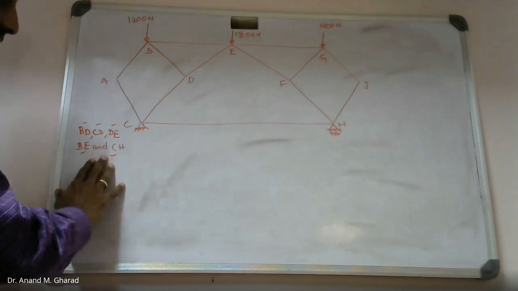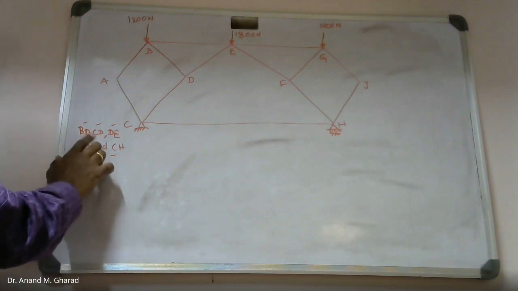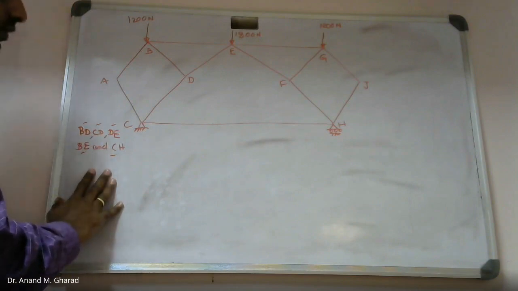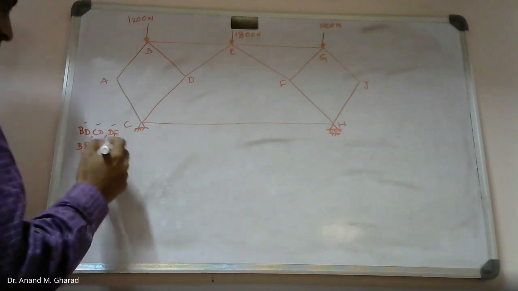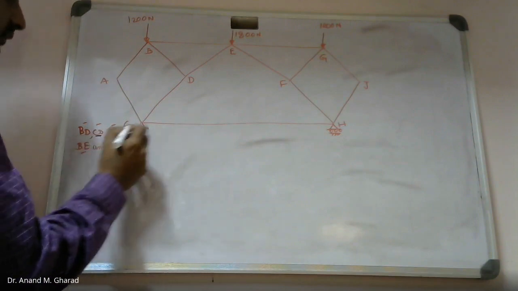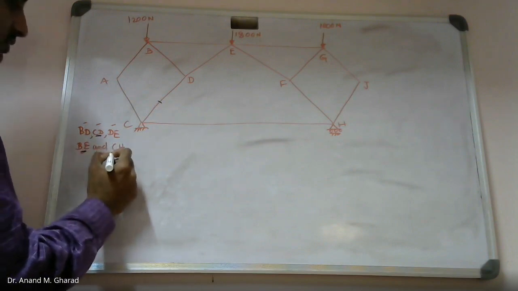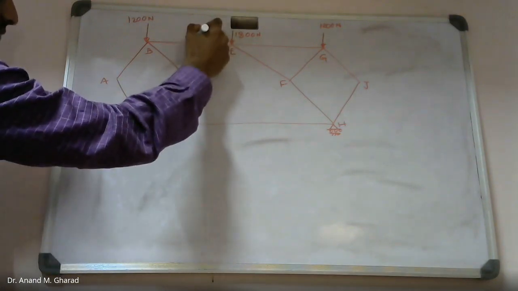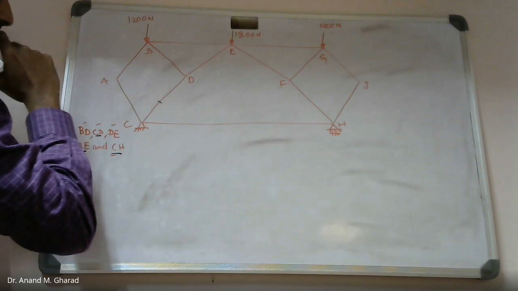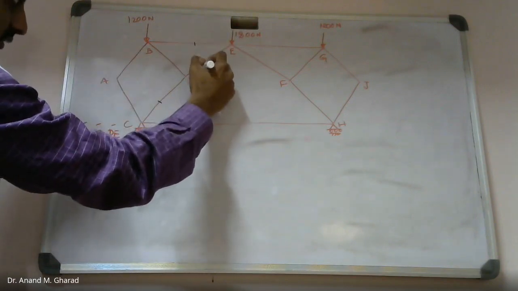So what we will do is identify the member forces based on method of section first of all. In that you will find that the forces in members CD, BE, and CH can be identified, rather BE, DE, and CH.